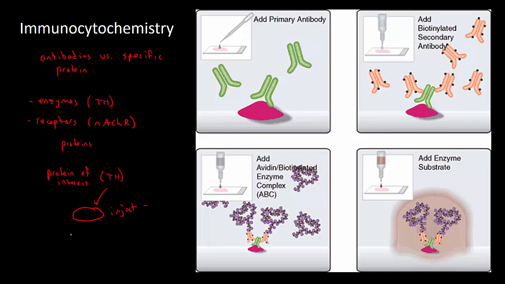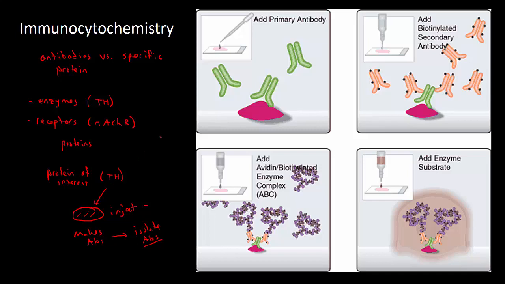It thinks it's foreign. So now it makes antibodies. I can then isolate antibodies. Okay. So now I have antibodies from my animal against tyrosine hydroxylase.